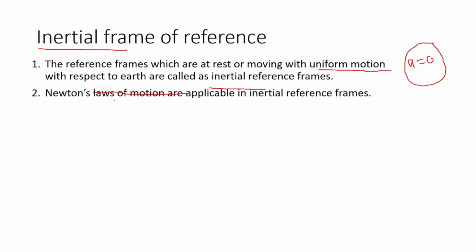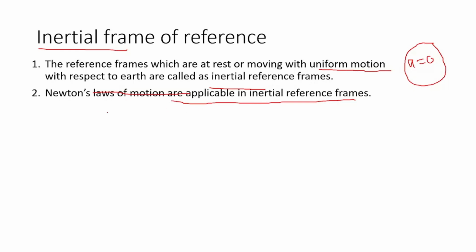Now see here, Newton's laws of motion are applicable in an inertial frame of reference. Newton's laws of motion are only applicable in an inertial frame of reference. We cannot apply the inertial frame of reference in all cases.